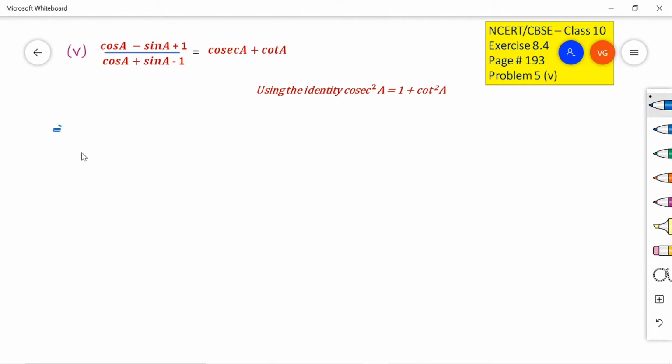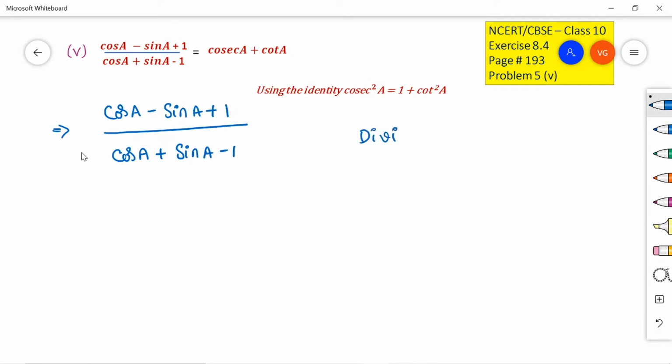So let us start taking the LHS part. Cos A minus sin A plus 1 divided by cos A plus sin A minus 1. Divide with sin A on both numerator and denominator.